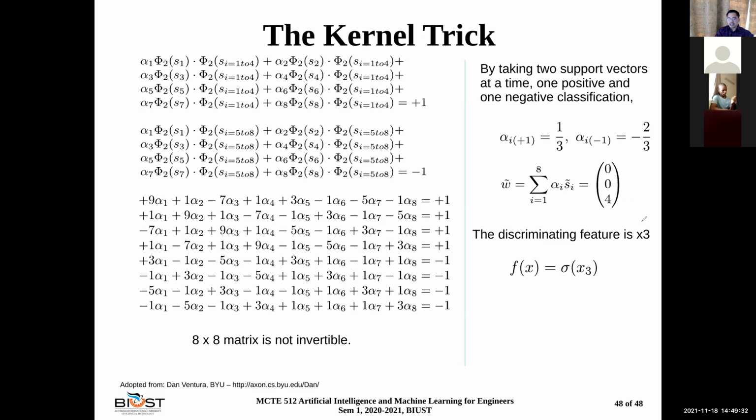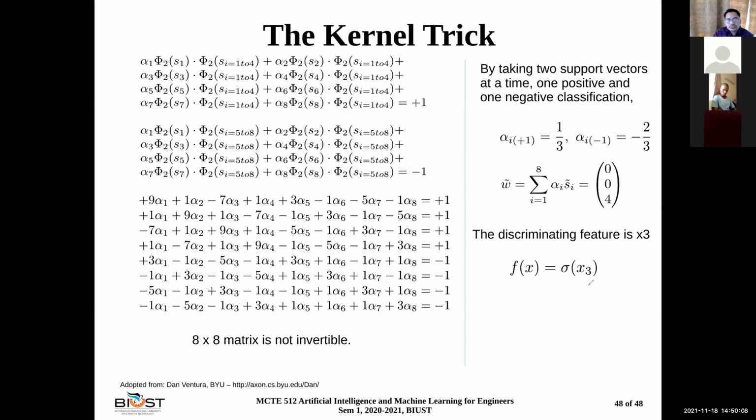The discriminating factor is X3, the third component of this equation. So all we need to do is compute X3. You take the sign of the third component, and then you know whether it is positive or negative classification. That's it.